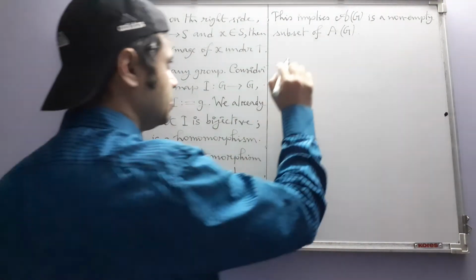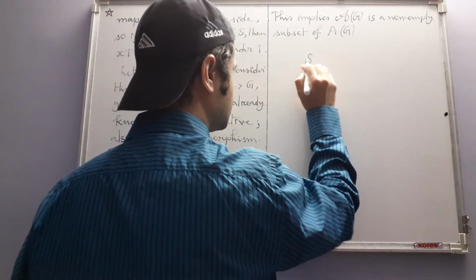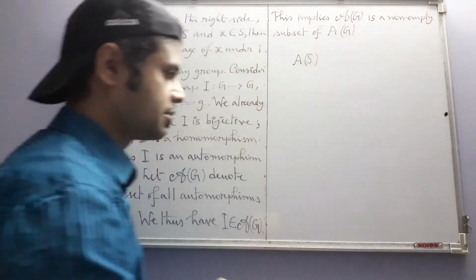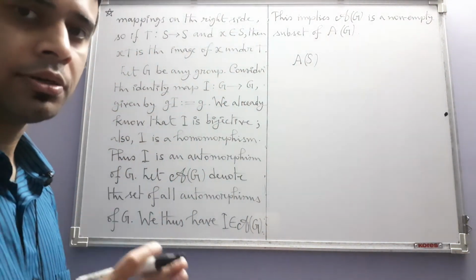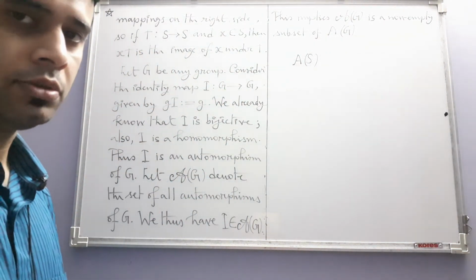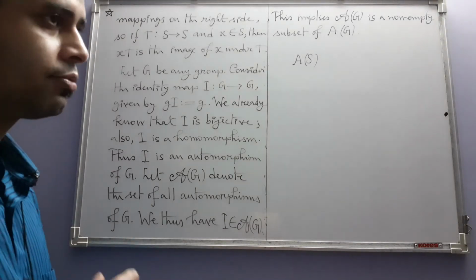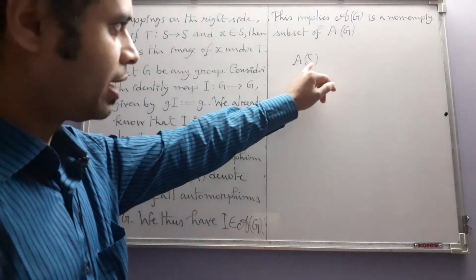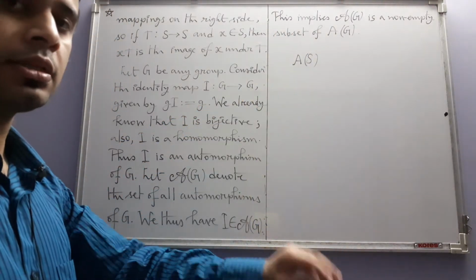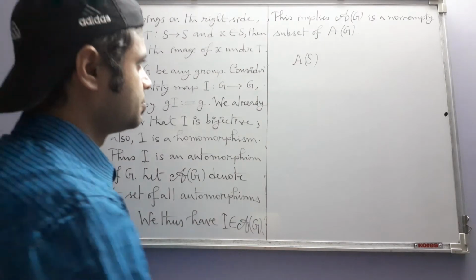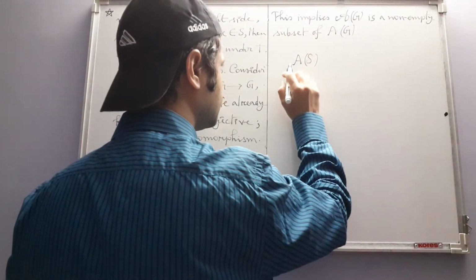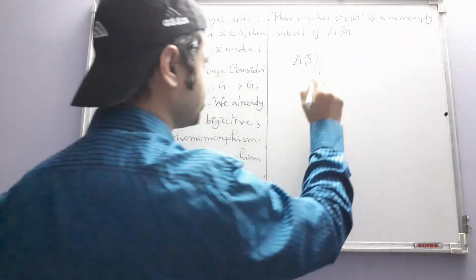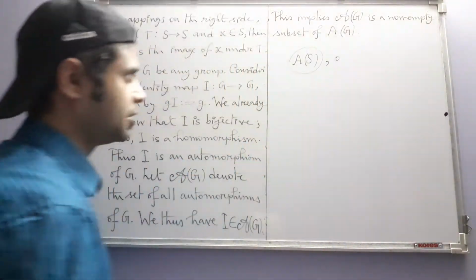Recall that for a non-empty set S, A(S) denotes the set of all one-to-one onto mappings of S to itself. In other words, A(S) has as elements in it all the bijective mappings with domain S and codomain S. And we have already seen that A(S) is a group under composition of mappings as the binary operation.